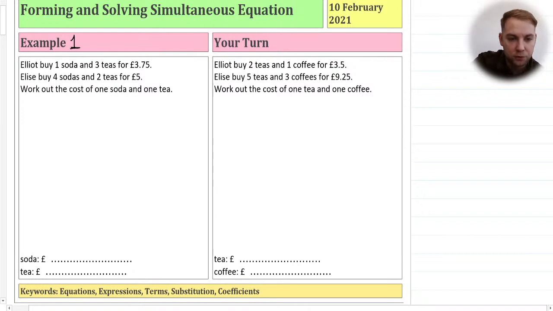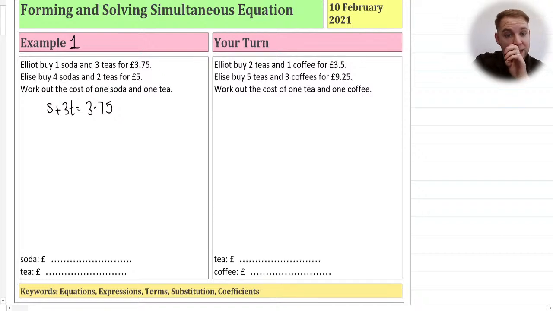The way that I would do this is, now remember, when I do 1 soda, you could put 1s if you wanted to, but we tend not to put that number in front of the s. So this one here is going to be 1 soda, which I'm going to call s. So s plus 3t is equal to £3.75.